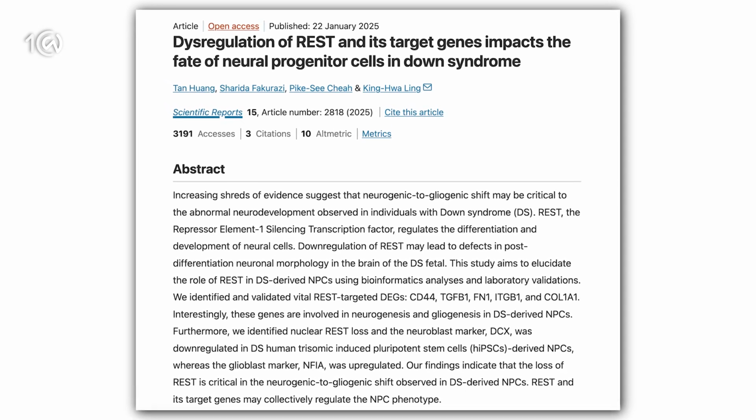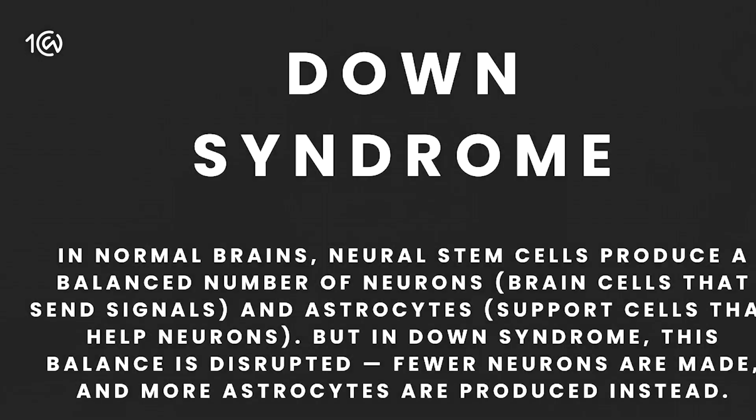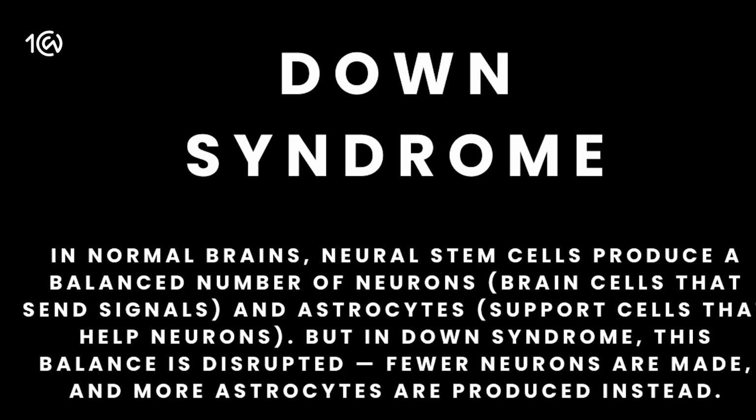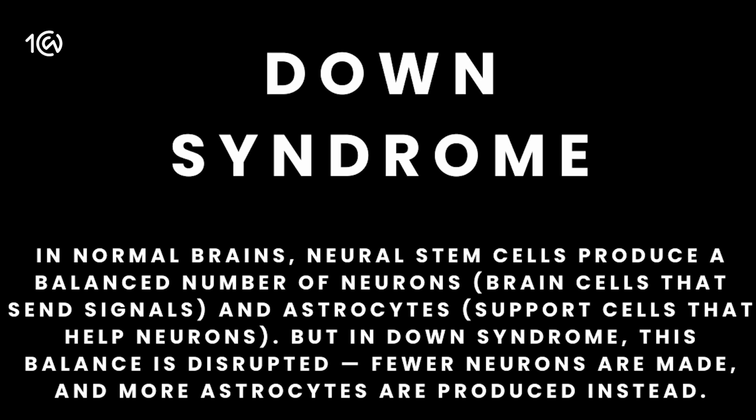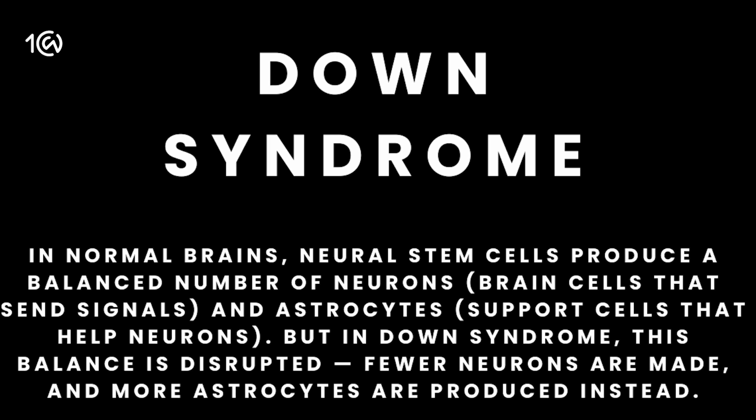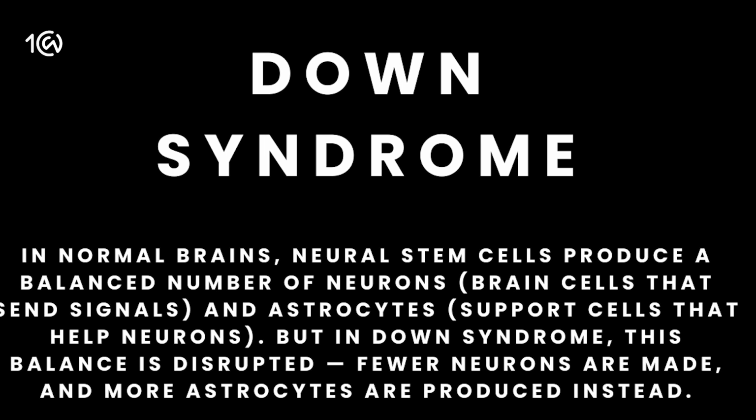All these cells are derived from human induced pluripotent stem cells that we got from Down syndrome versus the control, the normal individual. When you compare the two, this is very well-known biology in Down syndrome. They have fewer neurons to start with, they have more astrocytes, and not only that, the astrocytes are more reactive.